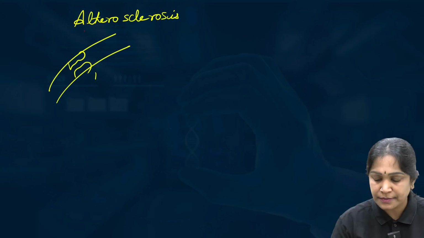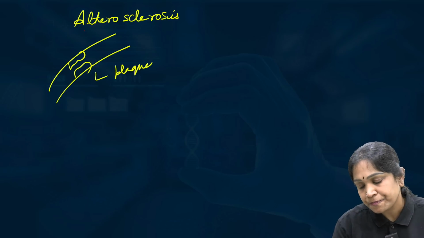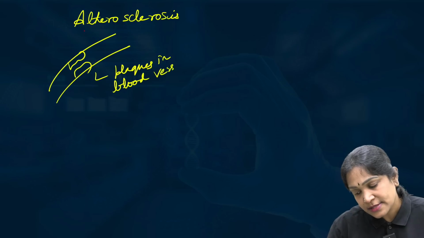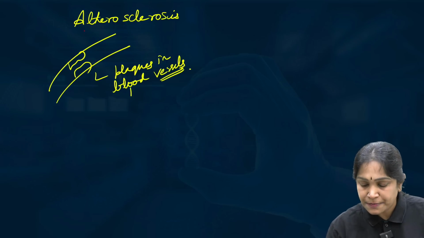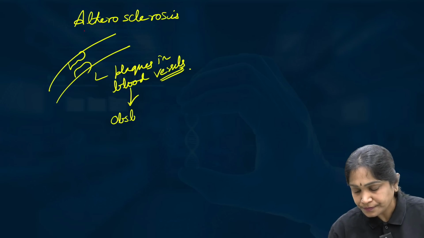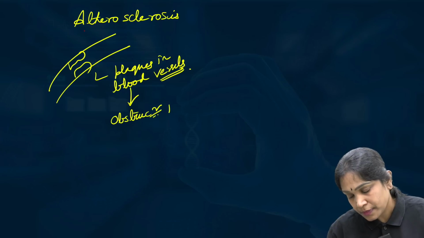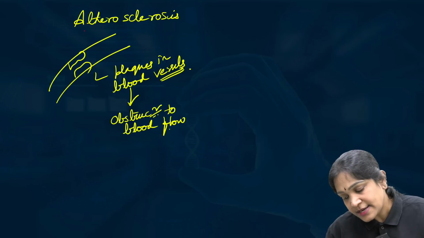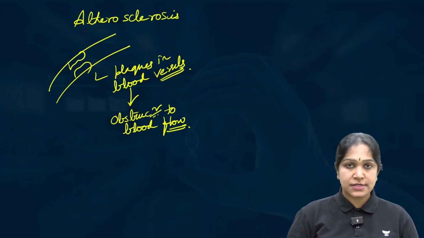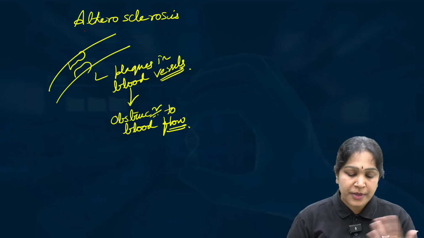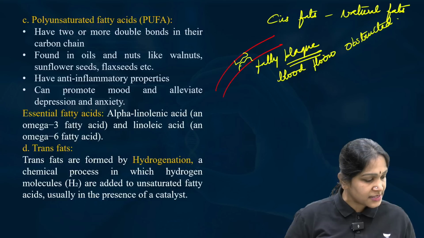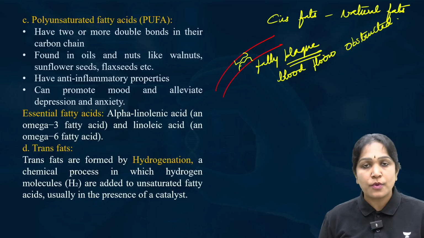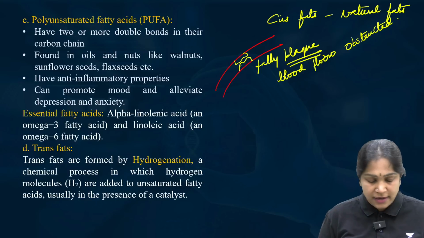Fatty deposition, plaques in the blood vessels, so that there will be an obstruction to blood flow. This condition is called atherosclerosis. Okay, obstructions in the blood flow because of the fatty deposition in the blood vessels. So this is the problem with the trans fats. Trans fats are the most harmful fats that we can consume.